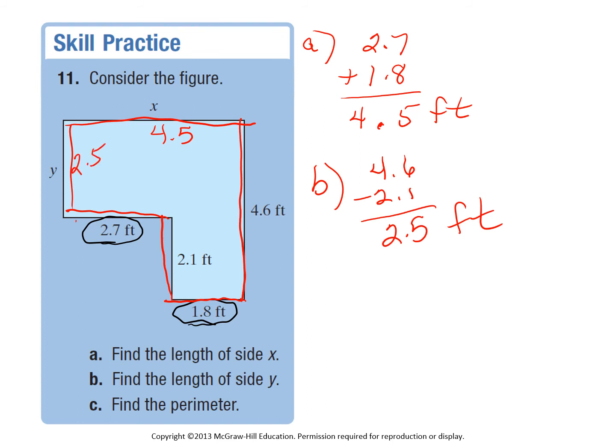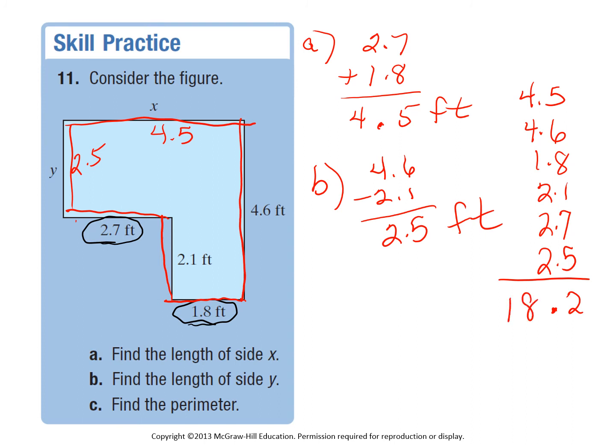So I'm going to line these up vertically, 4.5, 4.6, 1.8, 2.1, 2.7, 2.5. Okay, so when I add these, I'm going to end up with 18.2 feet for my perimeter.